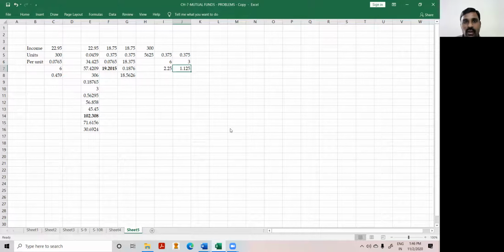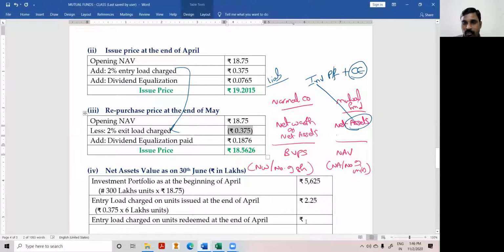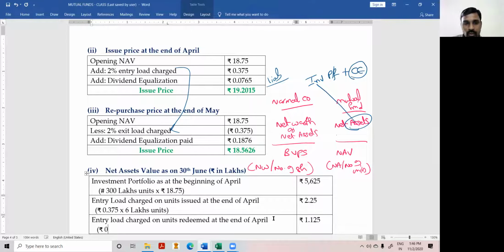Therefore, it will be 1.125 lakhs. 1.125 on 3 lakhs units, so it is the same 0.375 per unit into 3 lakhs units. Okay, this is the entry load charge.